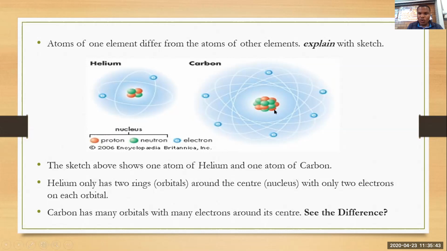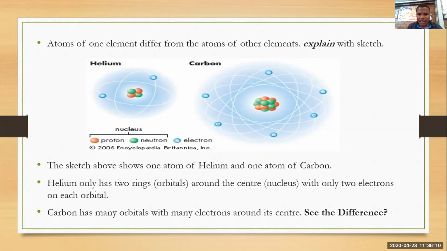Carbon, look at it. There are many rings around it. 1, 2, 3, 4, 5 rings around the center of carbon. Look here. At the center of helium, there are only small little balls, 1, 2, 3, 4. But when you look at the number of balls in the middle of a carbon, and by the way, the center of an atom is referred to as the nucleus. We're going to discuss that later.